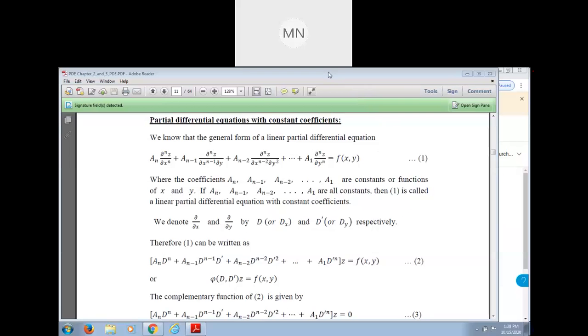In the earlier class, we discussed partial differential equations of second order. Can you tell me the definition of a partial differential equation of second order?